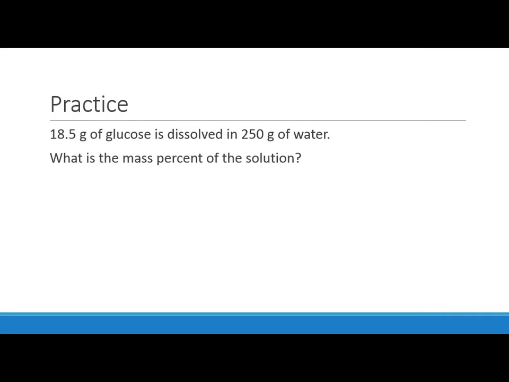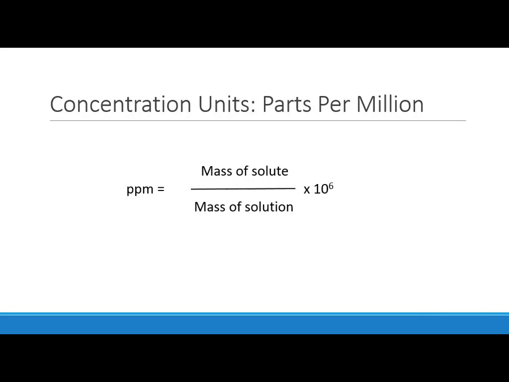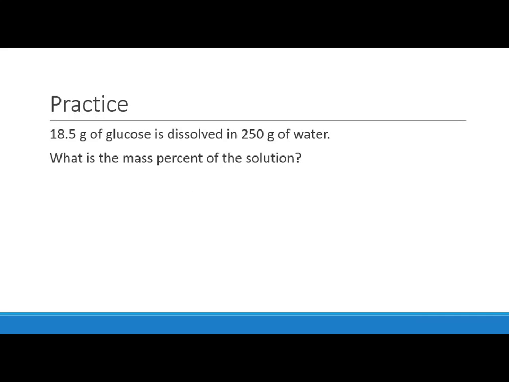Let's go ahead and try another one. This one's going to be a little trickier. Here I tell you that you have 18.5 grams of glucose. This is dissolved in 250 grams of water. For this one, I know the mass of the solute, 18.5 grams. But what's the mass of my solution, which is what I need to put in the denominator?